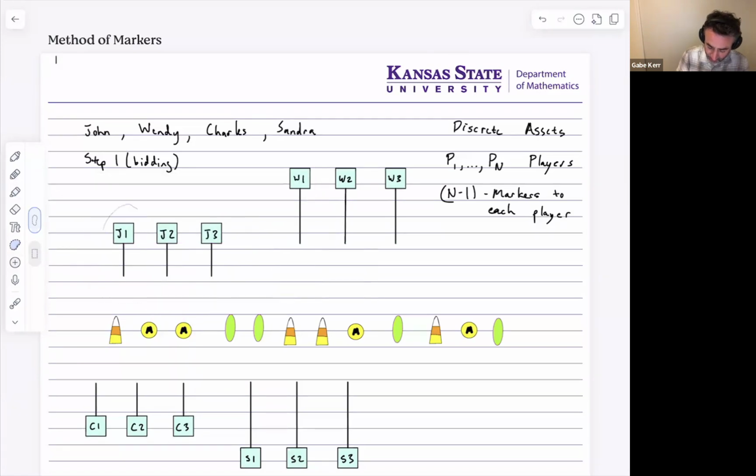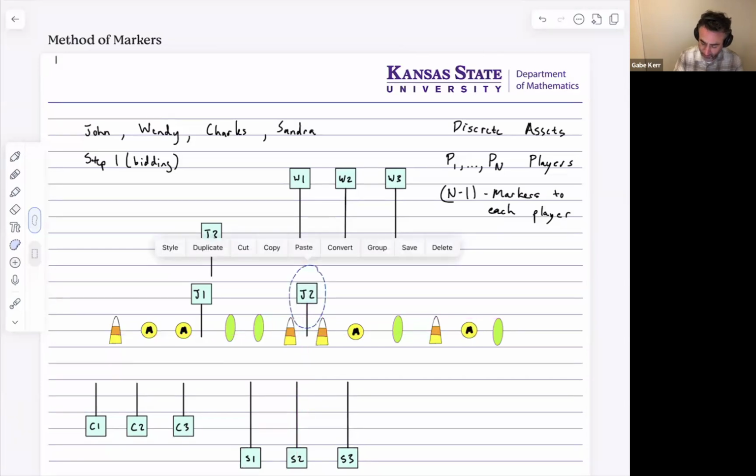He'll take his first marker and say, I really like M&Ms a lot, so certainly 2 M&Ms is fine with me, even if there's a candy corn mixed in, which he doesn't like, I hope. He likes jelly beans too, so he'll throw a second marker maybe here, and his third marker he'll throw maybe right here. Okay.